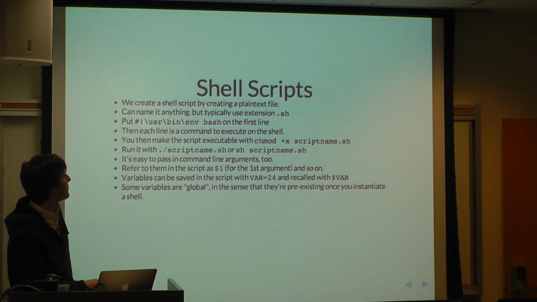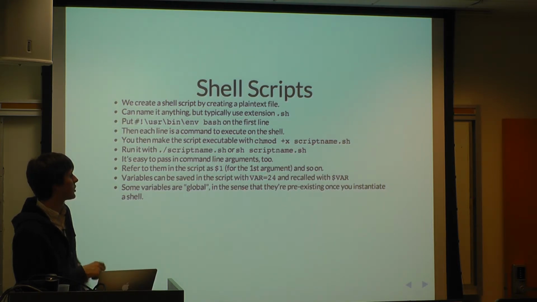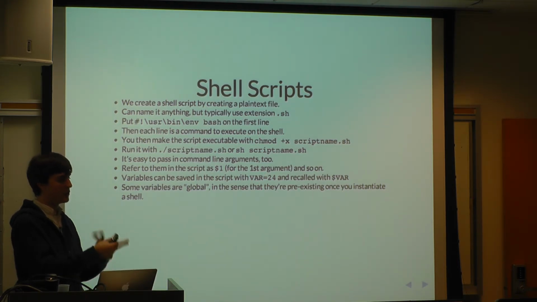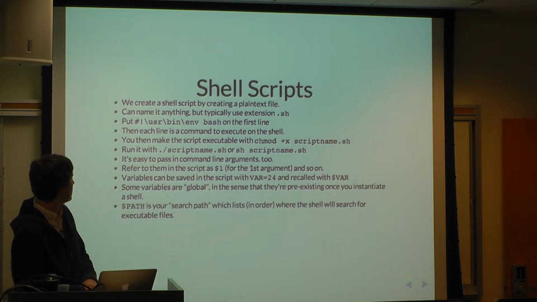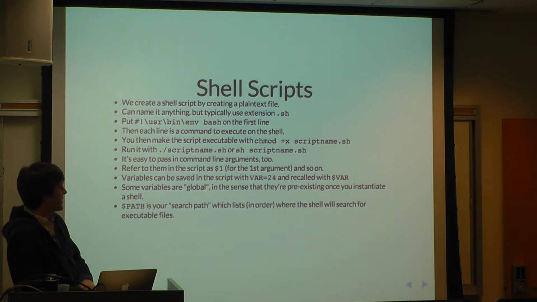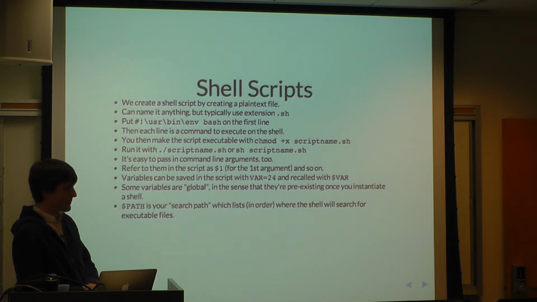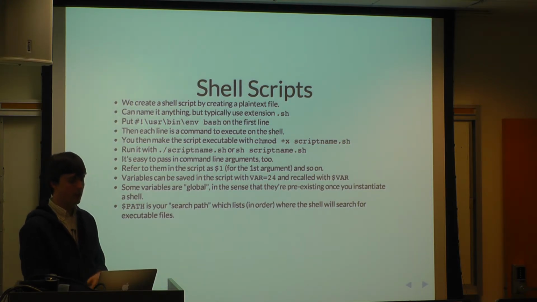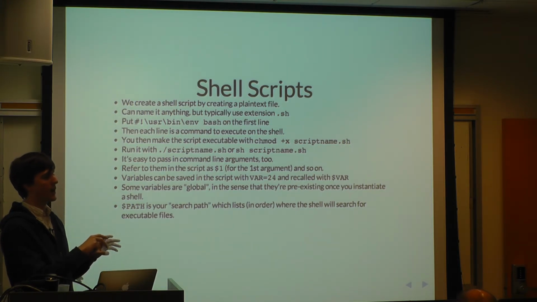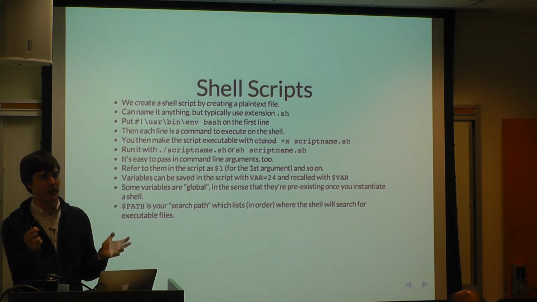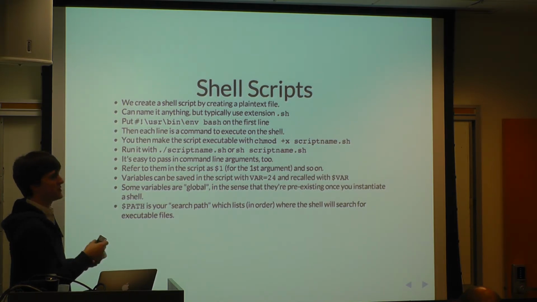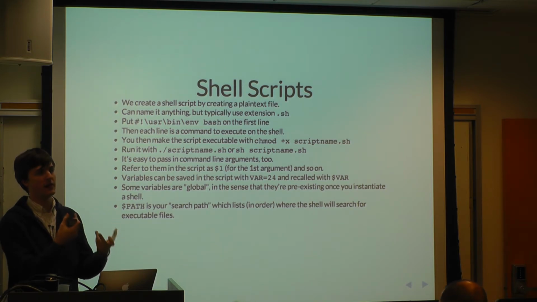So some variables are global in the sense that they're pre-existing once you start a shell up. So one in particular that we're going to talk about is the PATH variable. This is called your search path. On the command line, you have access to a number of commands. One thing that you might ask is, how does it know what commands are available?